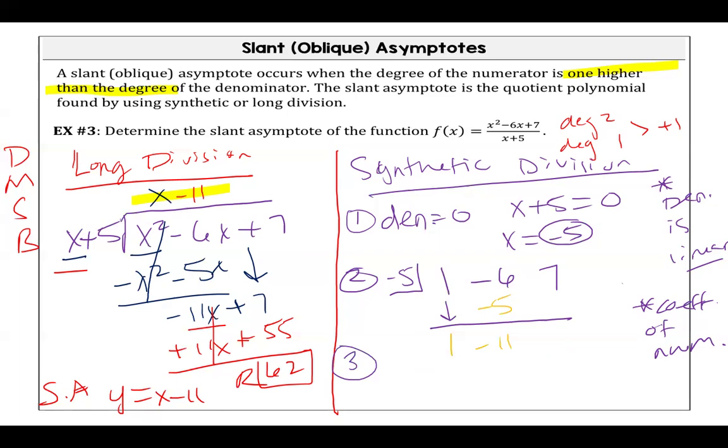Okay, so -5 times -11 is 55. 7 plus 55 is 62. Do you notice that these numbers are the same that we got on the left side? Our remainder is the same, and it's just the constant and coefficient. Do you see that?